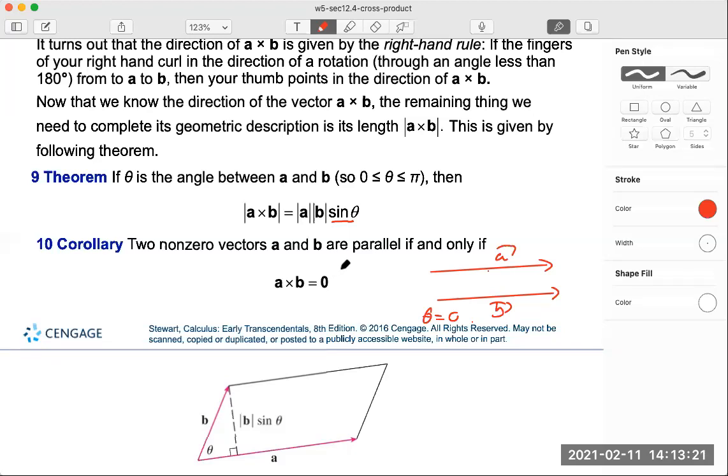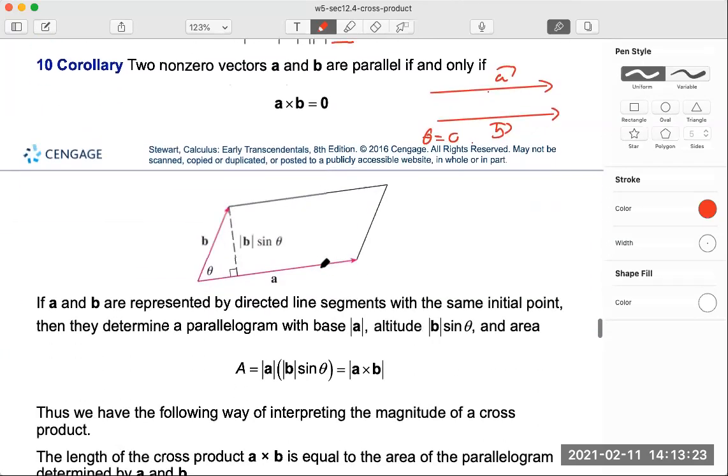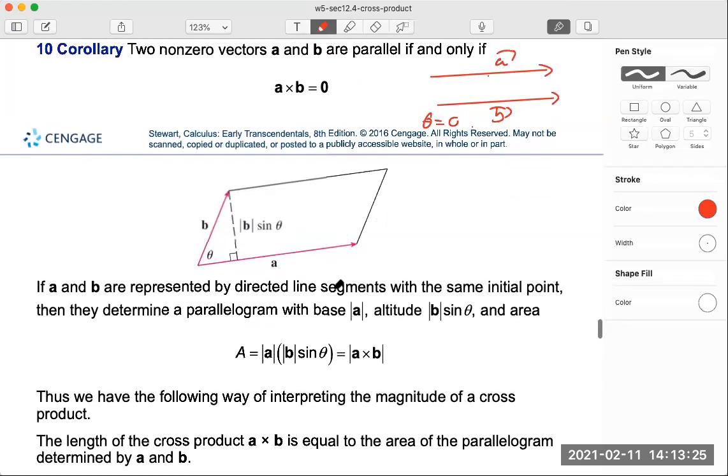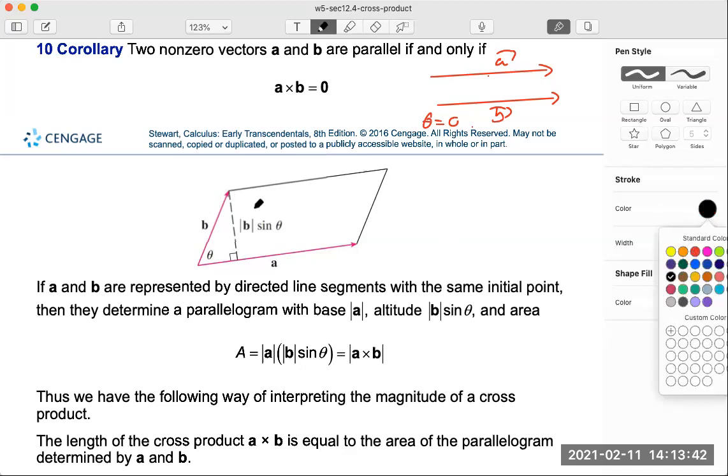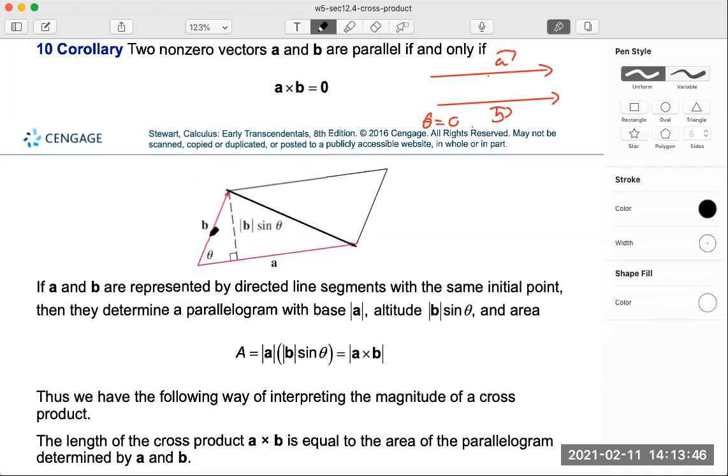Very interesting properties. And look at this. If this is the vector A, this is the vector B, and theta is the angle between A and B here, the altitude of this triangle will be pointing in this direction.